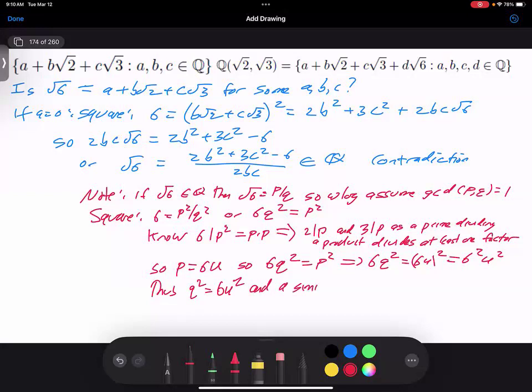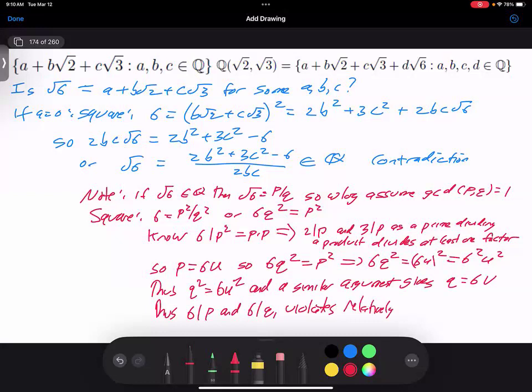And a similar argument gives Q is 6 times V for some V. Thus 6 divides P and 6 divides Q, which violates relatively prime. Contradiction.